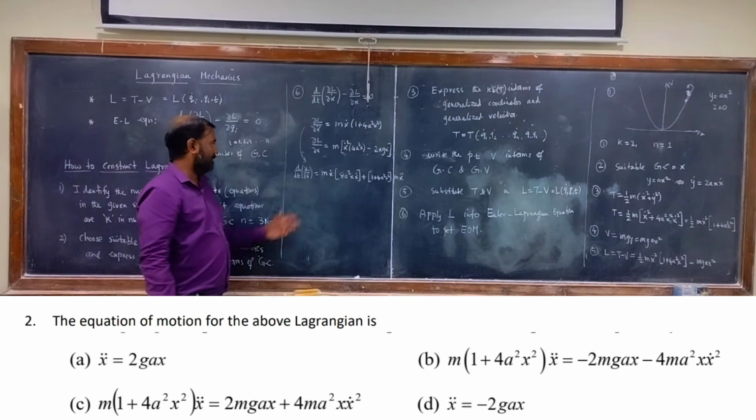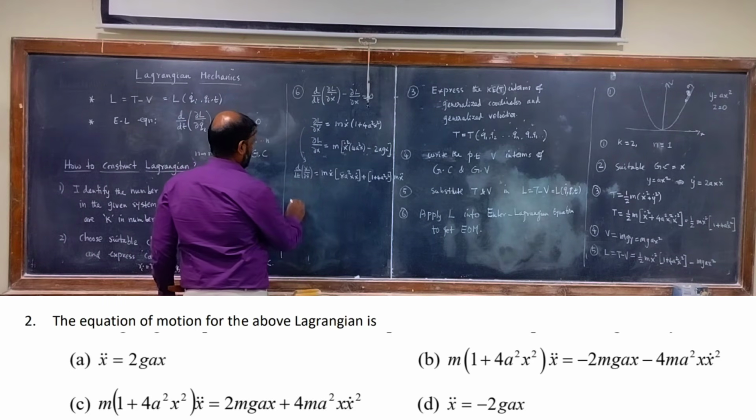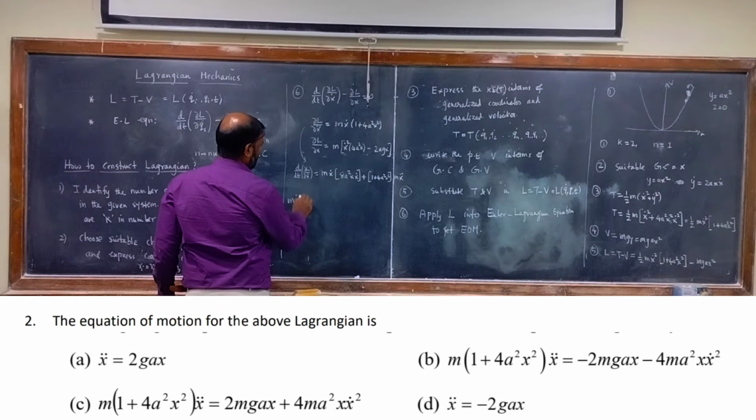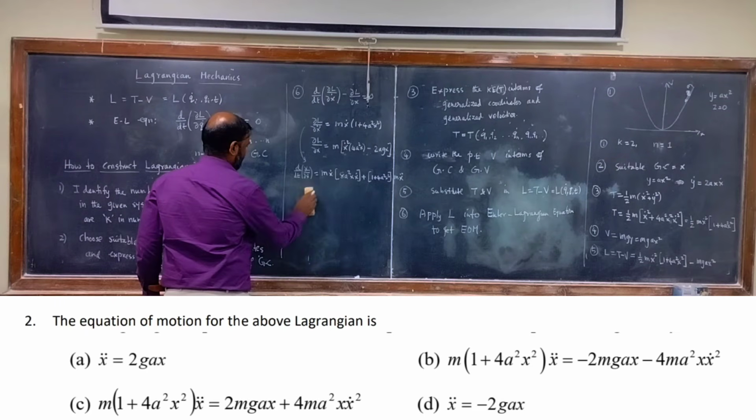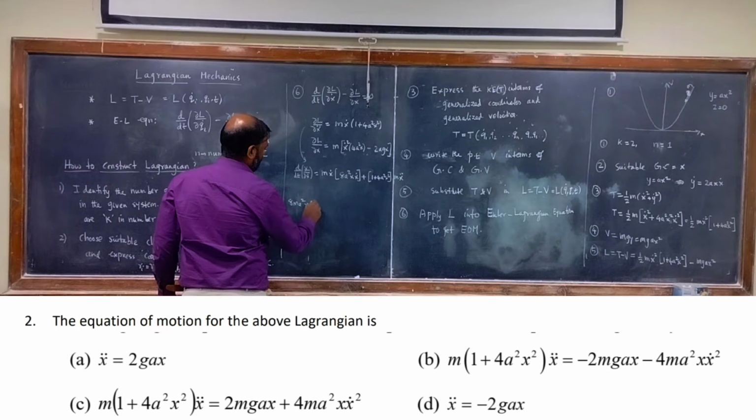So இதுதான் போனேன், so this is the first term. So now you write it: m x double dot into m x dot square into 8 m a square x into x dot square.